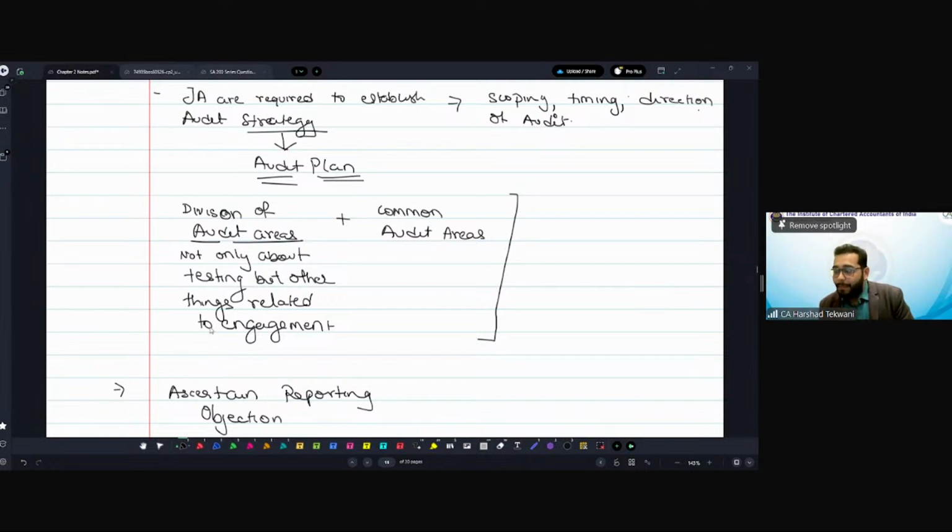So whenever I perform risk analysis and risk assessment, I need to communicate to the other joint auditors the risk of material misstatement.